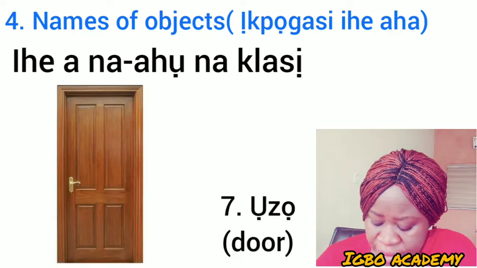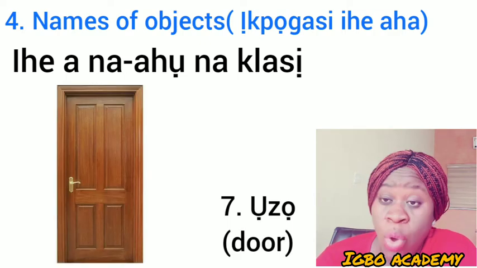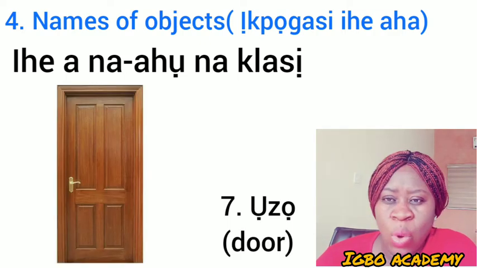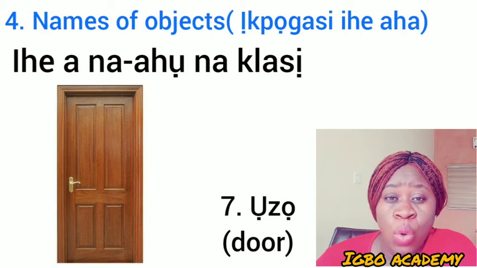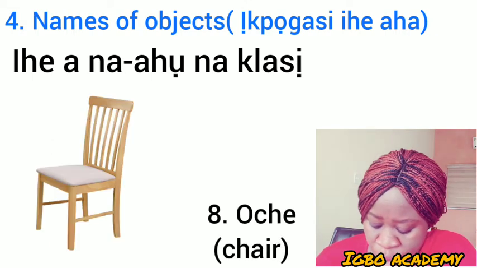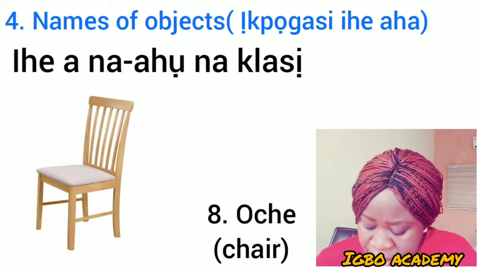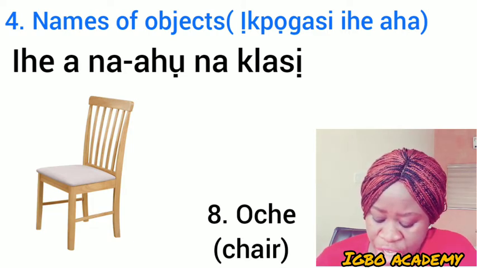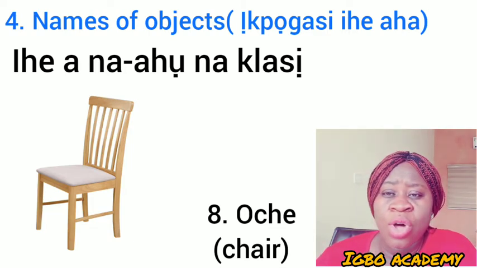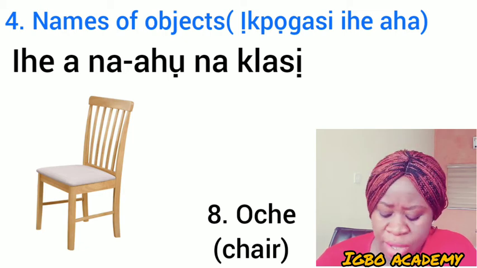Then number 7 is door. The 7th thing we see in our classroom is door, and it is called ụzọ. Number 8 is chair, and you call chair oche.